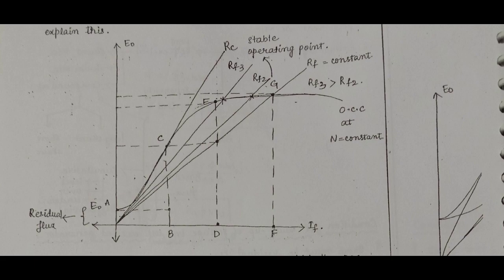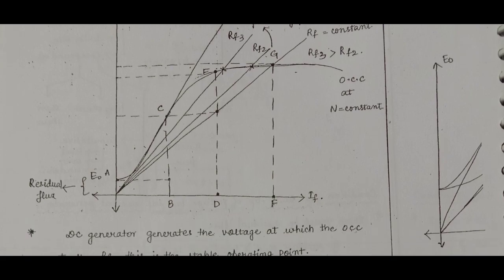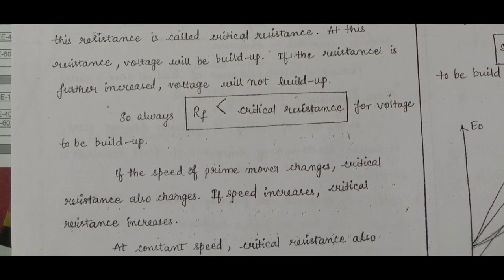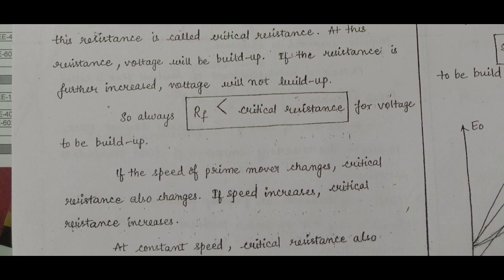If the field resistance increases above the RC value, the EMF generated by the generator is zero. So always RF must be below RC for the voltage to build up.